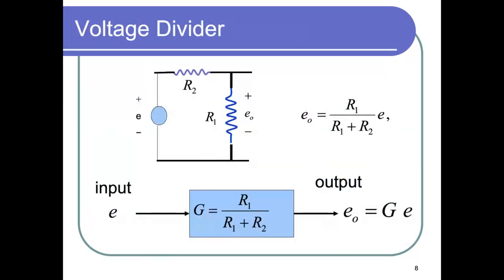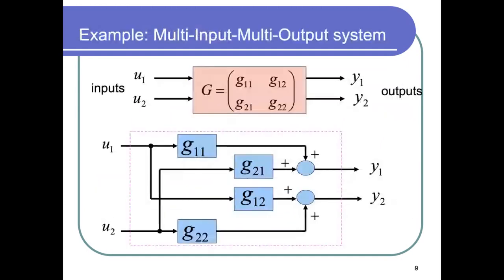Okay. So for the voltage divider example that we studied before, the transfer function is R1 over R1 plus R2. We mentioned that before. Now we might have multiple input, multiple output systems. So how do we deal with them? You can have U1, U2 as multiple inputs, and you have Y1, Y2 as multiple outputs.